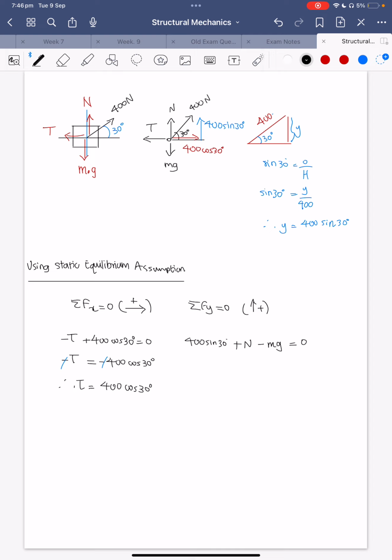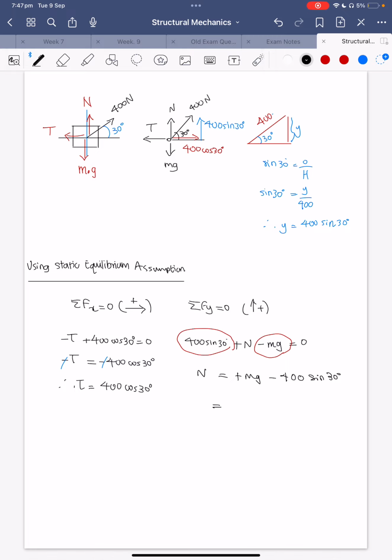Equal to 0. So I will keep N here. I want to put 400 sine 30 to the other side. So for mg, it will be plus mg. My 400 sine 30 is going to be negative.